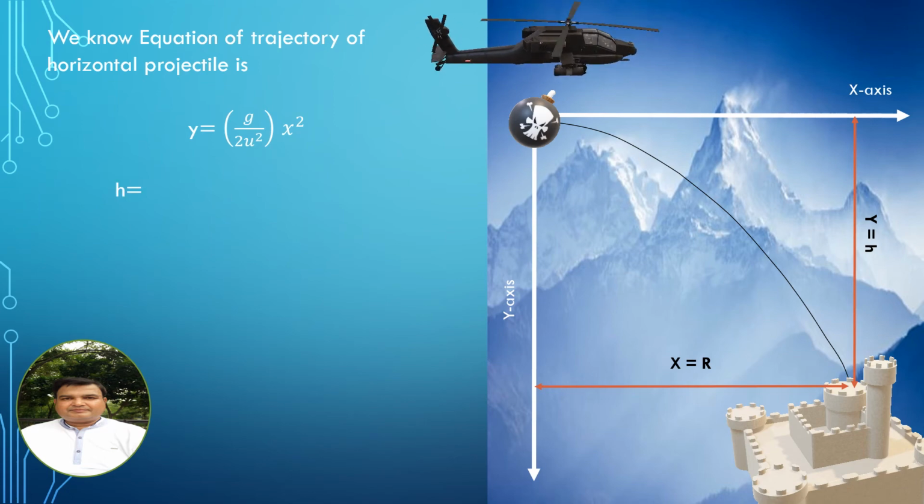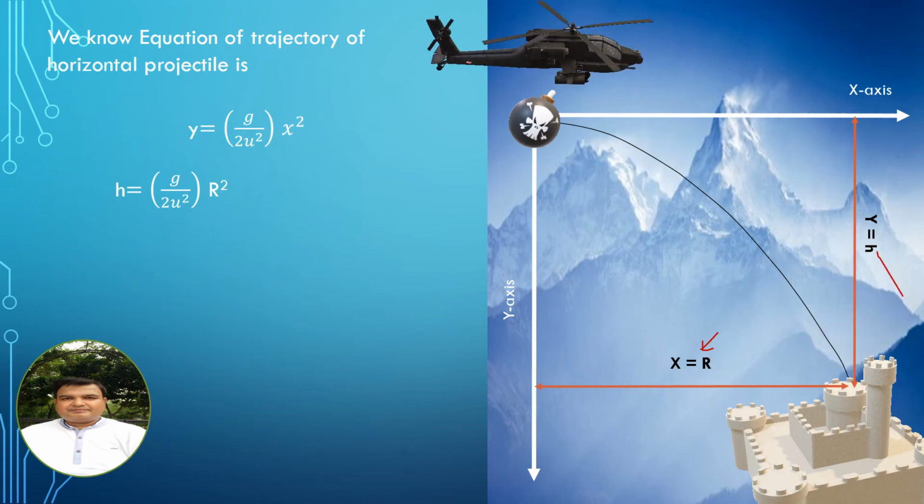We are having some values. y means the height, g by 2u square, and x is nothing but R. Here x is R, we're taking R, in general known as the range. H, this h is the height of the helicopter from the target.